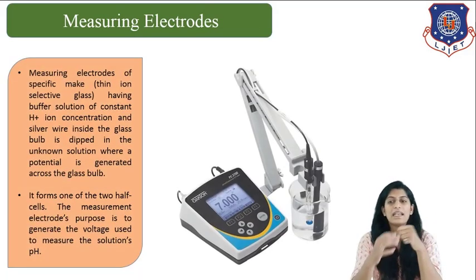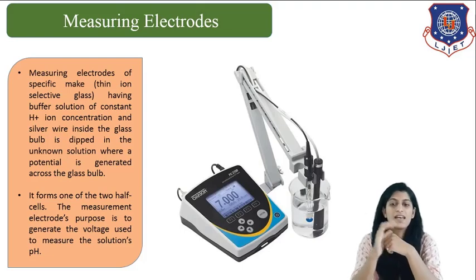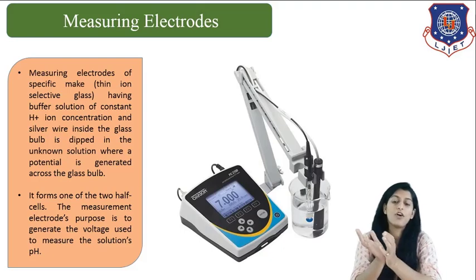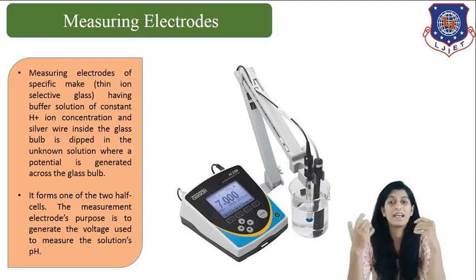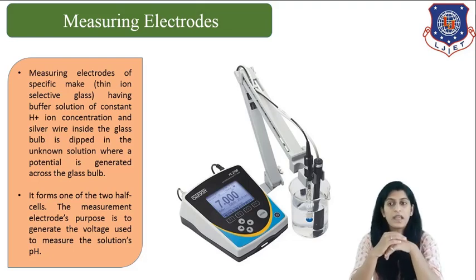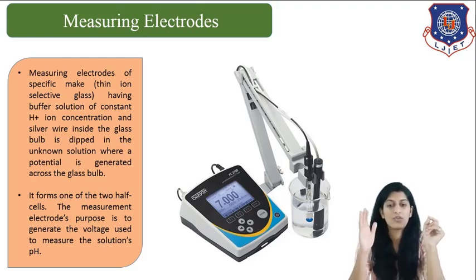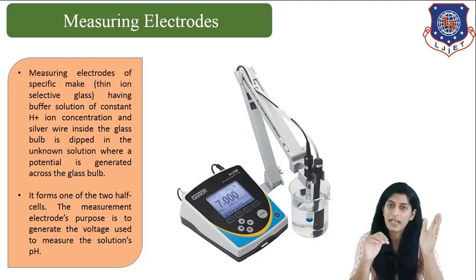So, first one is the measuring electrode. As you can see in this particular picture, it is quite obvious equipment. You might have seen and used this equipment in your laboratories also. This is known as the measuring electrode. In this case, we have two different electrodes. One is our reference electrode and one is our measuring electrode.